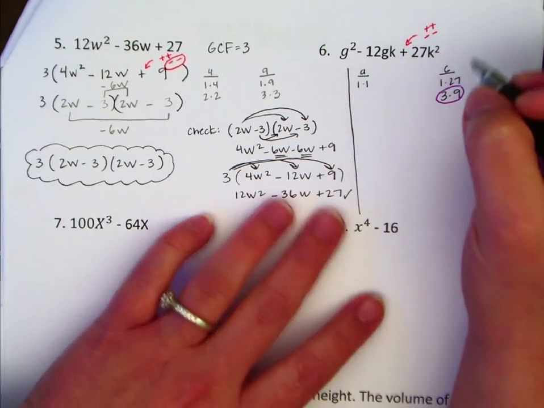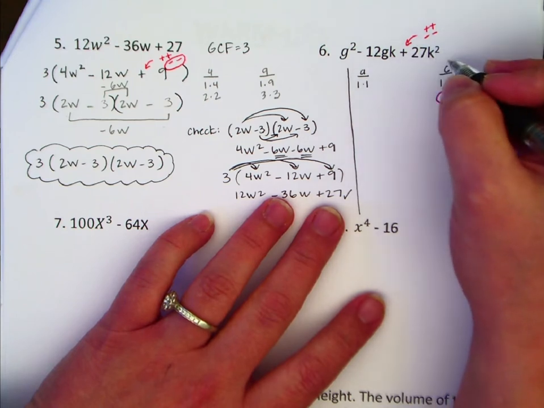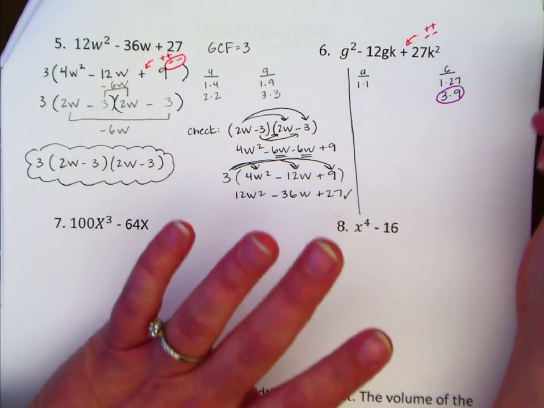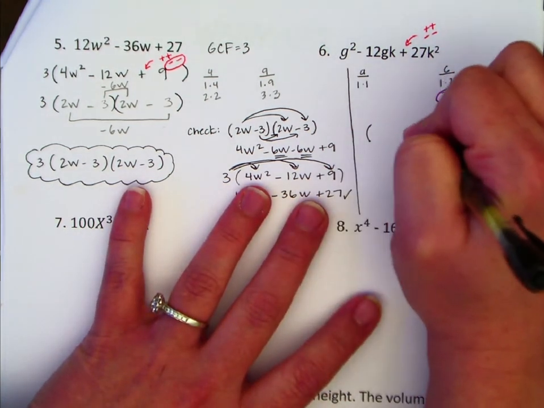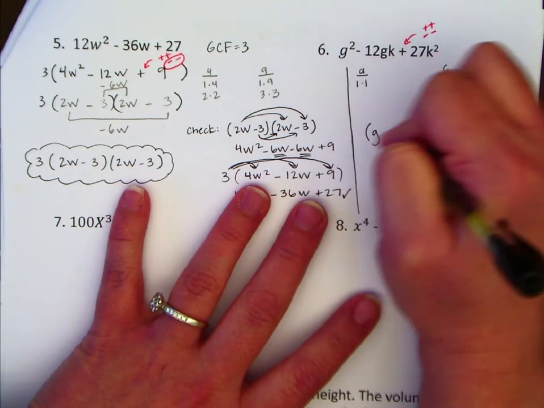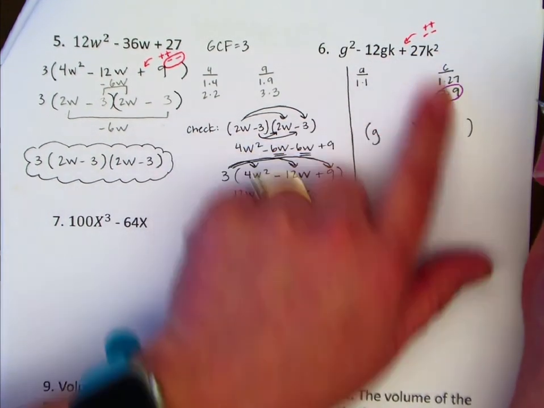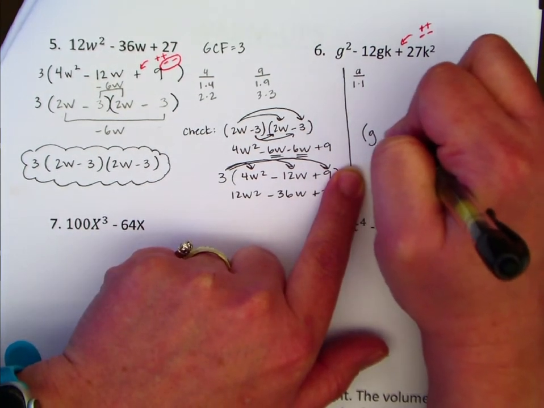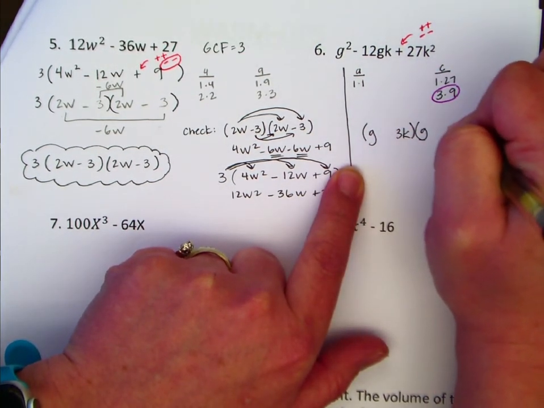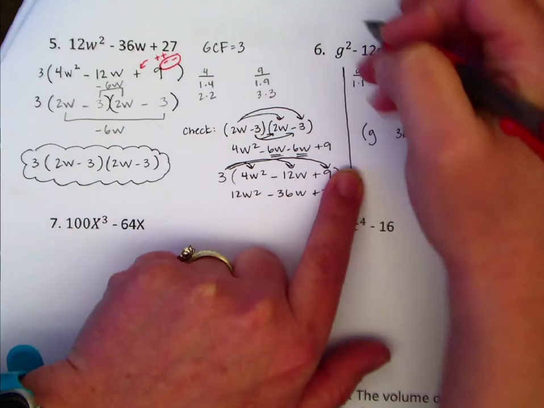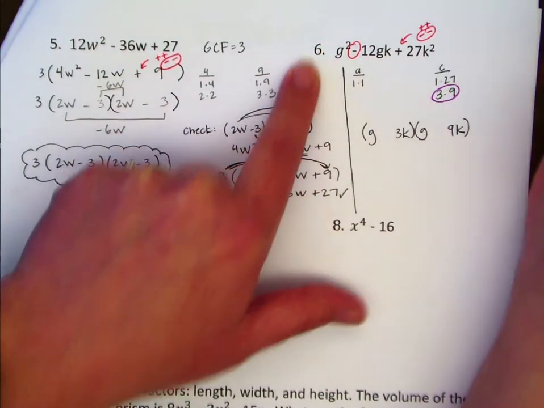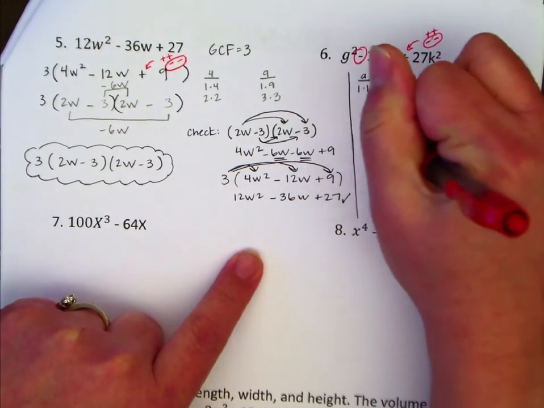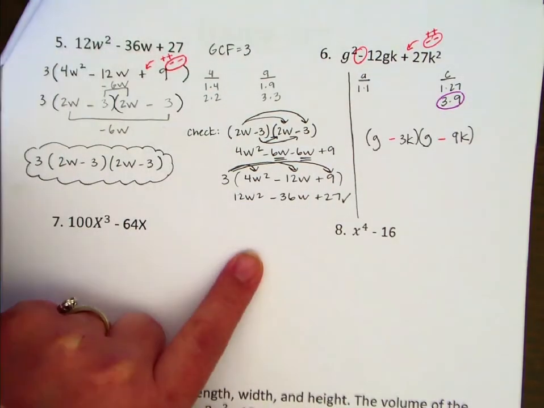So even though there's 2 variables, it's not too bad. Okay? So the G and the G go on the front, and the K's are going to go on the back with the 3 and the 9. So 3K, 9K. And then we decided earlier that since this one's negative, they both have to be negative. So negative, negative. That's your answer.